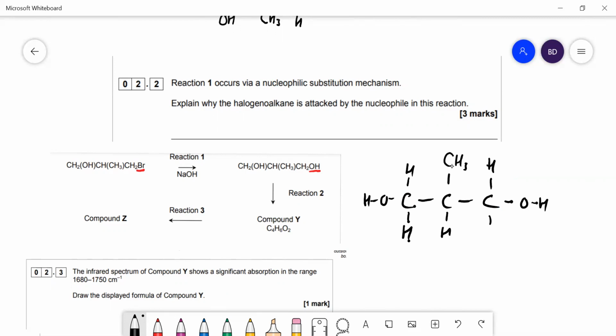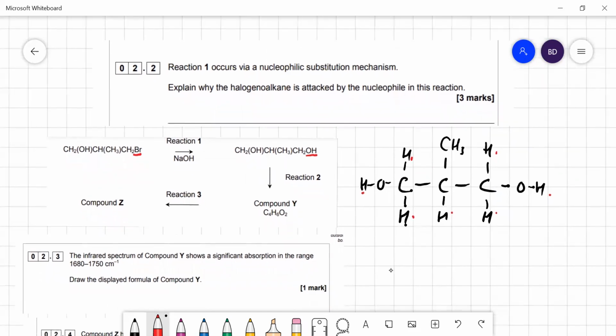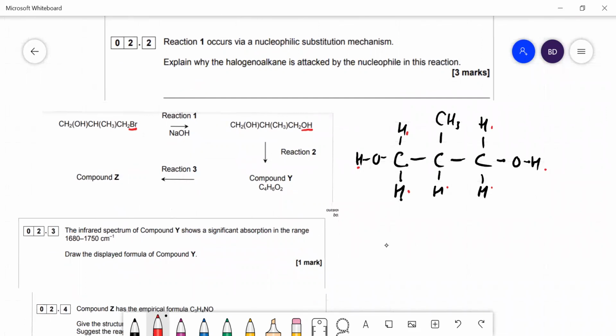Right. And if we just count up the number of hydrogens there, we've got 10 hydrogens. So we have actually lost 4 hydrogens.